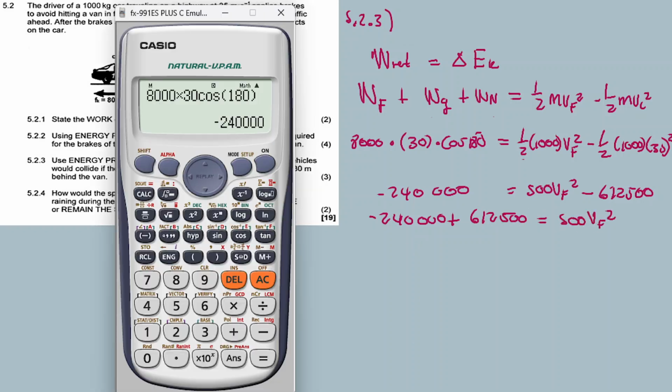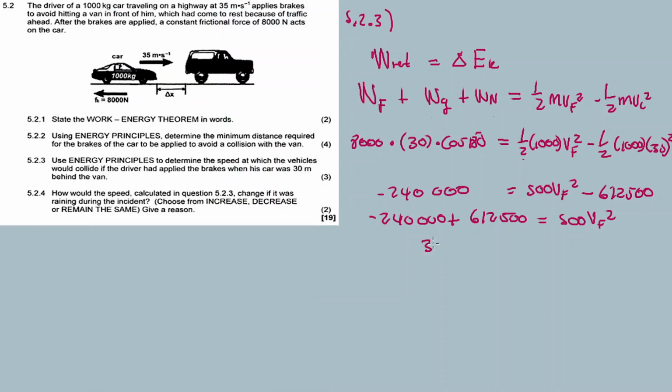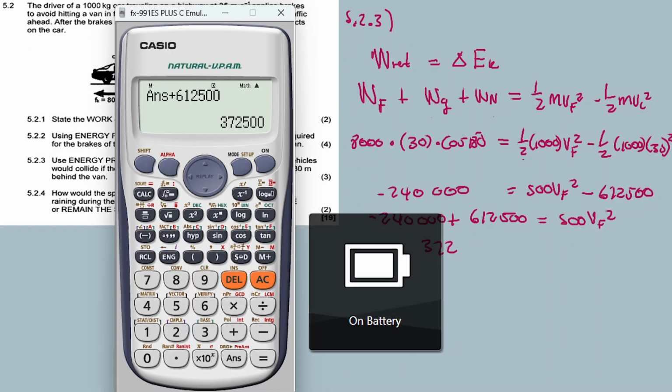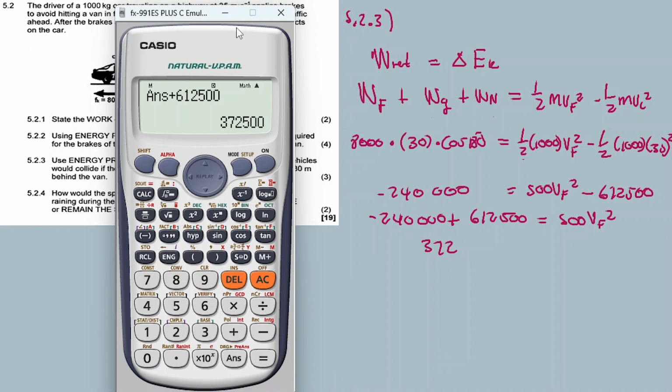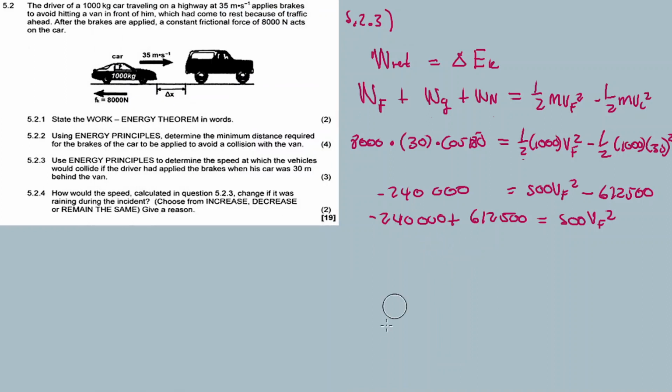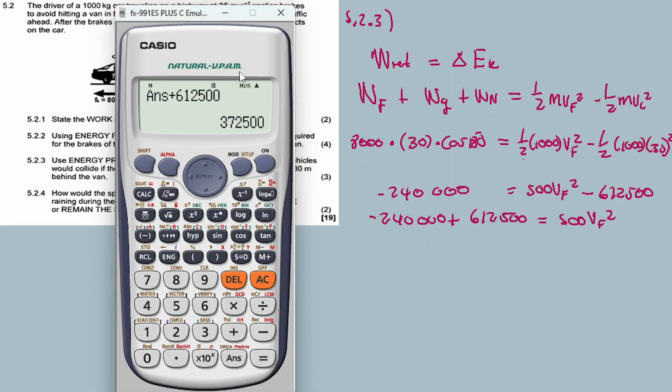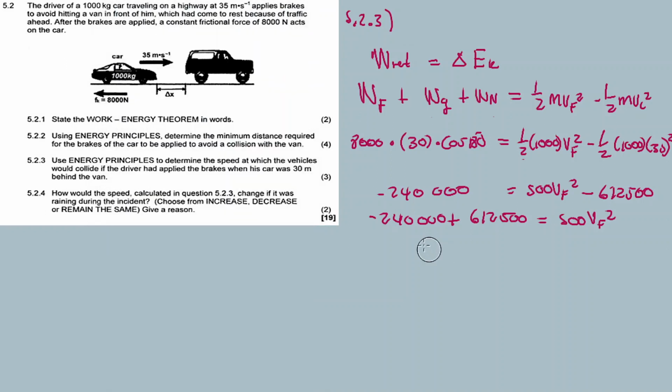Yes. So now 372,500 is equal to 500 v final squared. So divide by 500, divide by 500.